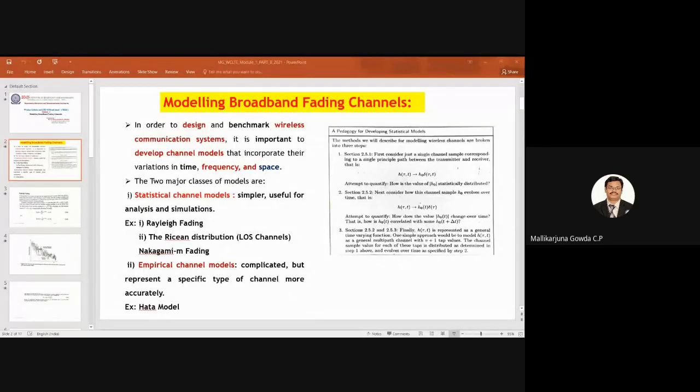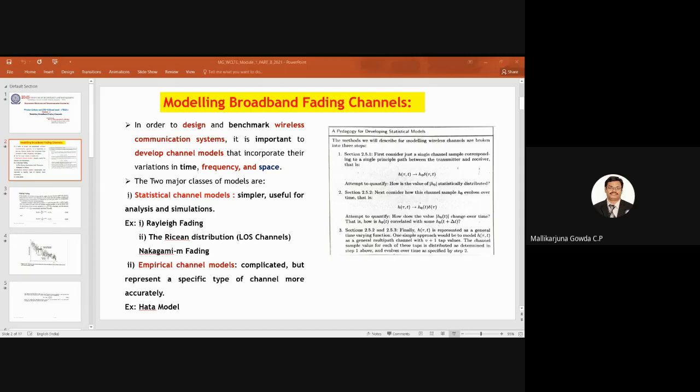The second thing is, next we consider the channel sample h naught that changes over time. So h of tau comma t is equal to h naught of t into delta of tau. Here h naught of t means it is time varying.